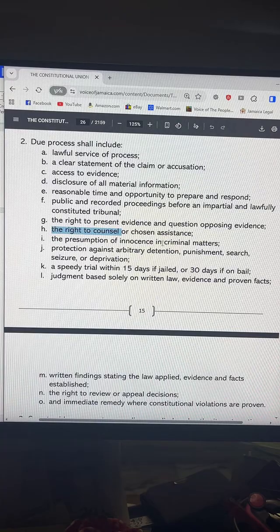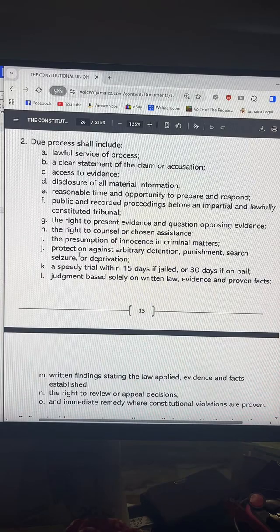The presumption of innocence in criminal matters. Protection against arbitrary detention, punishment, search, seizure, or deprivation. A speedy trial within 15 days if jailed, or 30 days if on bail. Judgment based solely on written law, evidence, and proven facts.